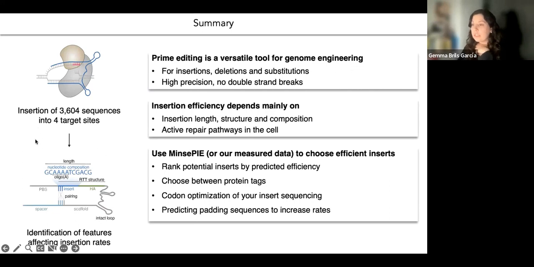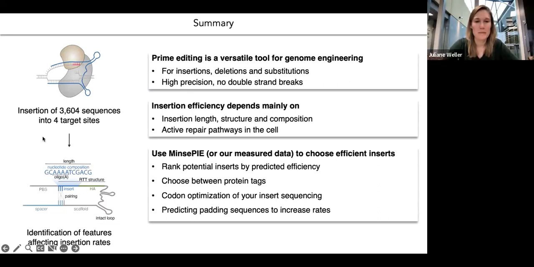Okay, so there is another question that says, notice that there were a couple of data points within the different RTTs that show very high levels of insertion. Was curious if there was anything unique about those particular sequences. Yes, I think so.